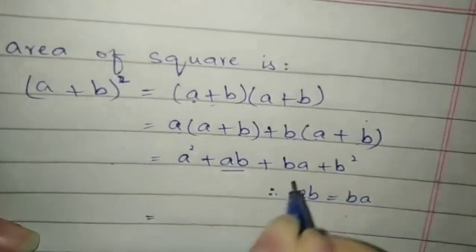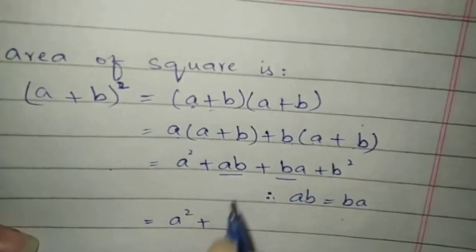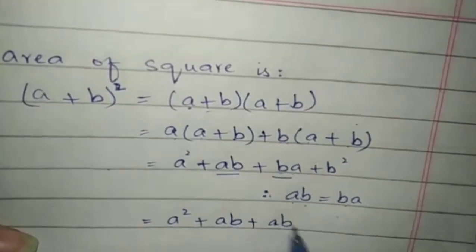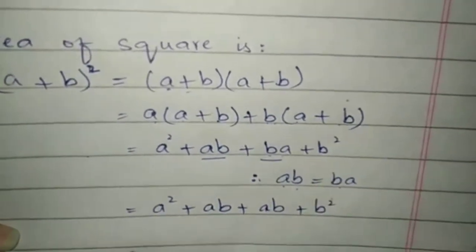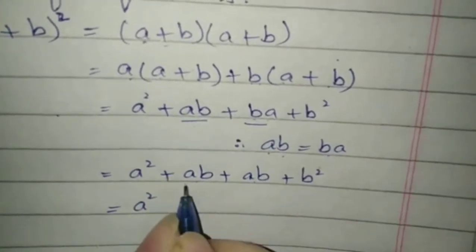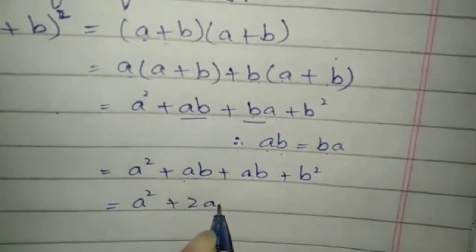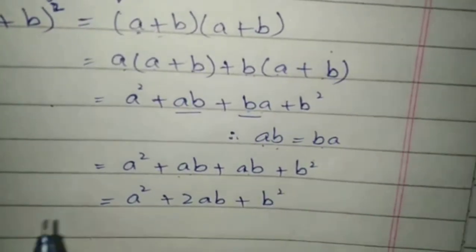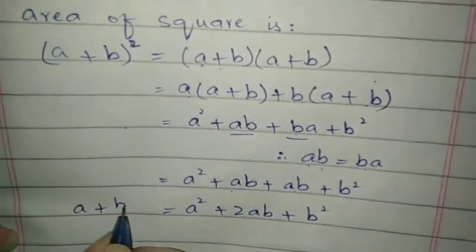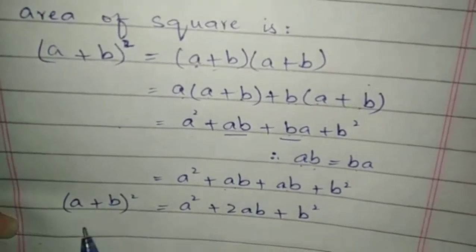So a square plus ab as it is, and ba will be written as ab, plus b square, which is equal to a square plus 1ab plus 1ab, which is equal to 2ab, plus b square, and this is equal to (a plus b) whole square. We have proved our first identity: (a plus b) whole square is equal to a square plus 2ab plus b square.